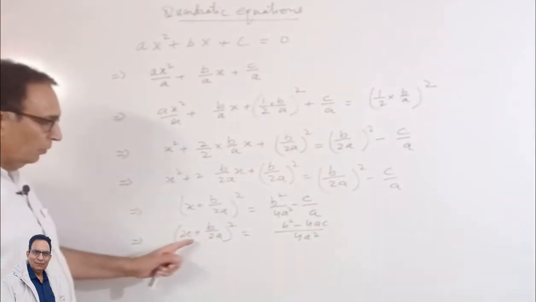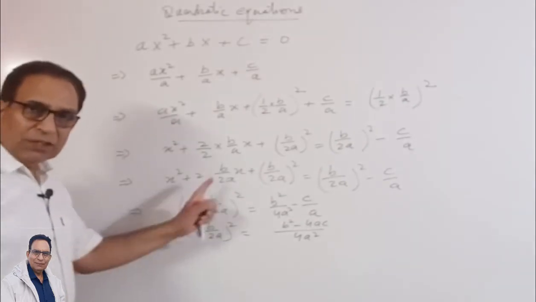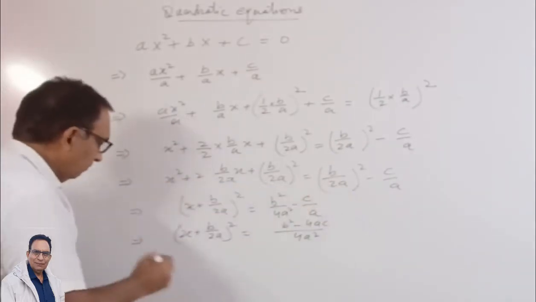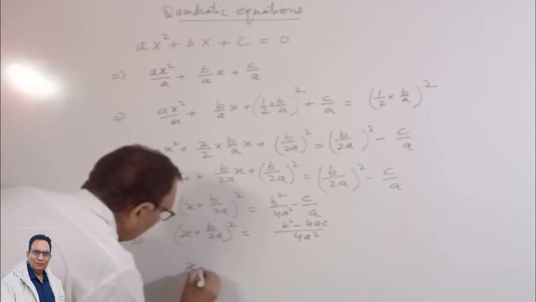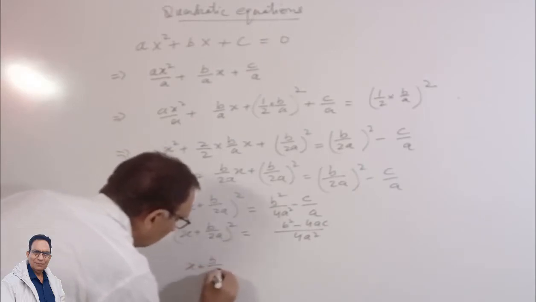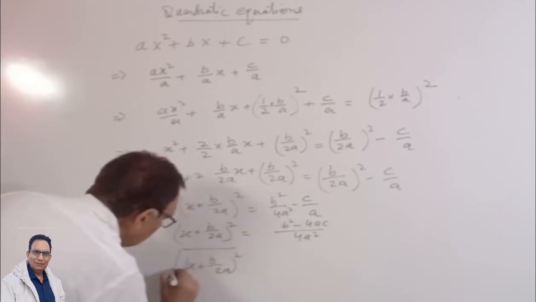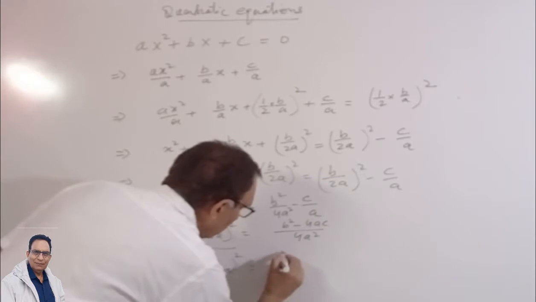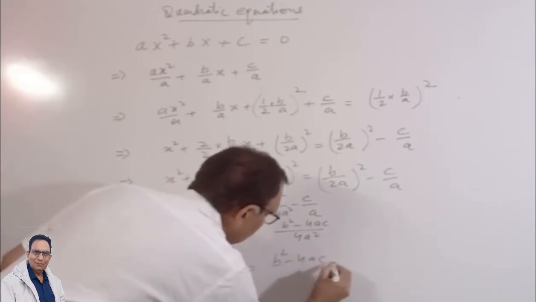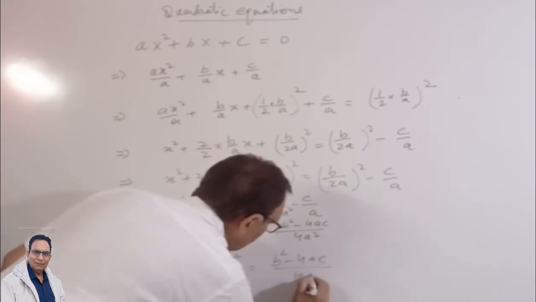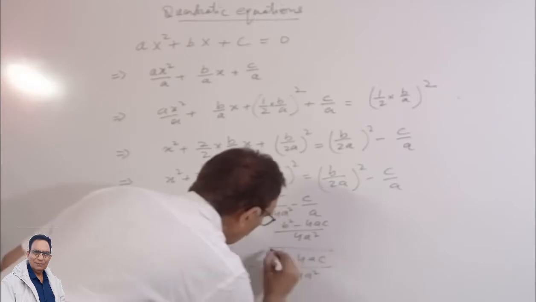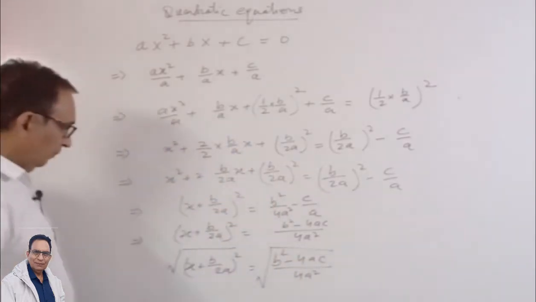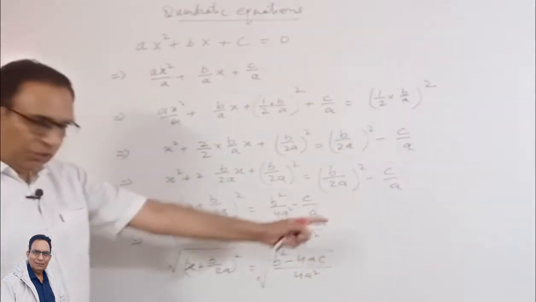What you do, take the square root on both the sides, meaning I am writing square root of x plus b over 2a whole square equal to plus minus square root of b square minus 4ac divided by 4a square. I don't have space this side, I will solve it further.